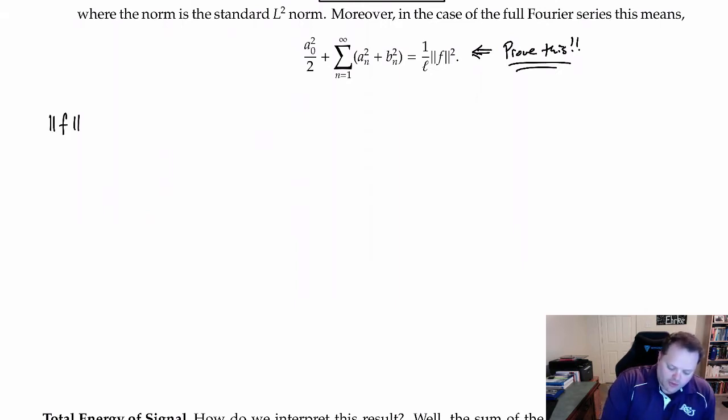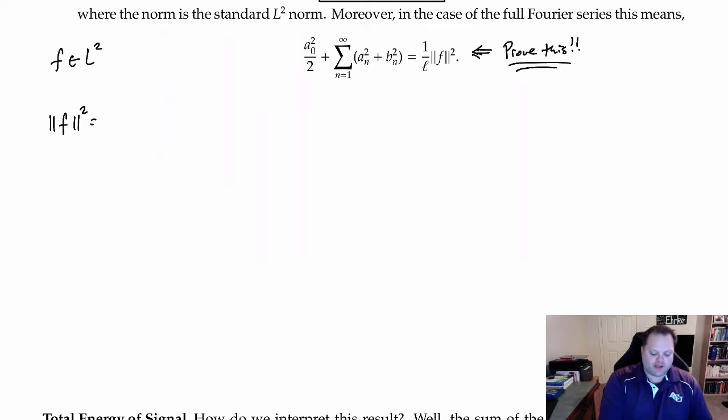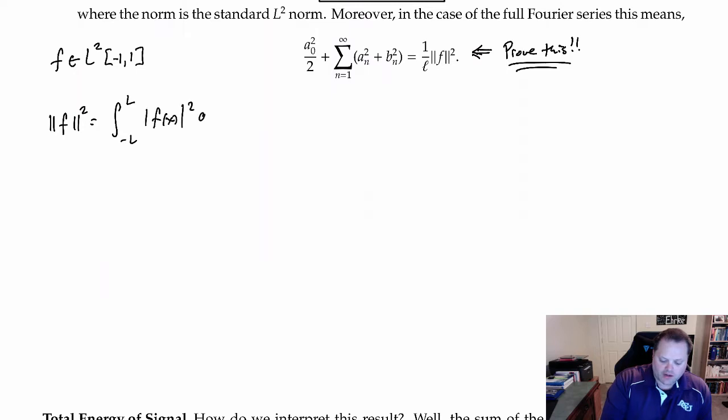If I look at the norm squared of a function, and remember the full Fourier series is defined on the interval from minus L to L. And so if we say that f is an L2 function on the interval from minus L to L, then that means its norm is given to us by, normally it would be the square root of the integral, but since we're squaring it, there's no square root. So the norm squared here would be the integral from minus L to L of the function f of x squared dx.